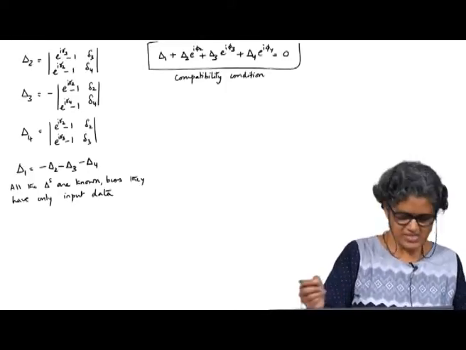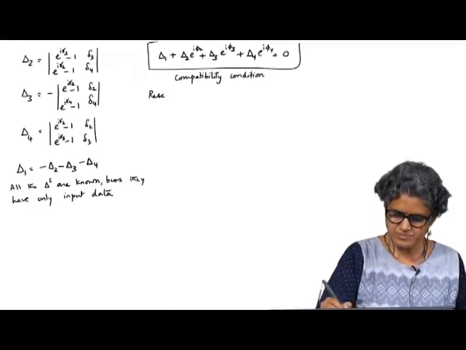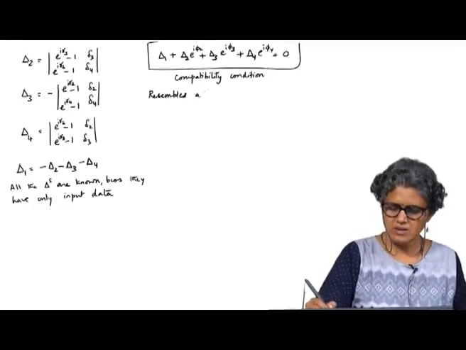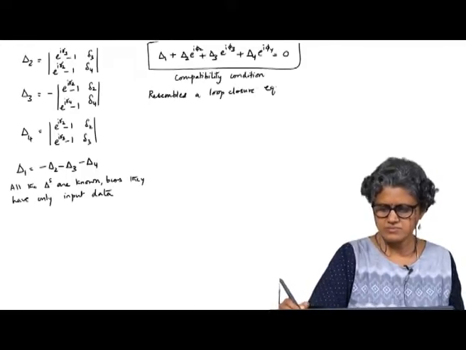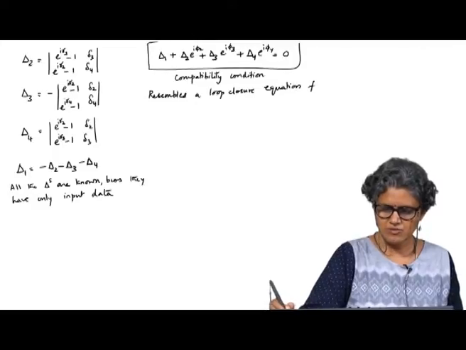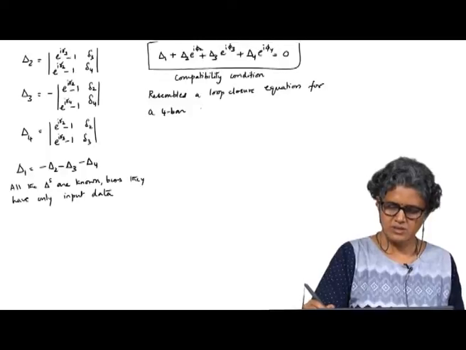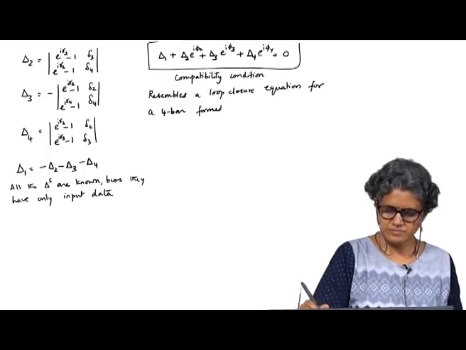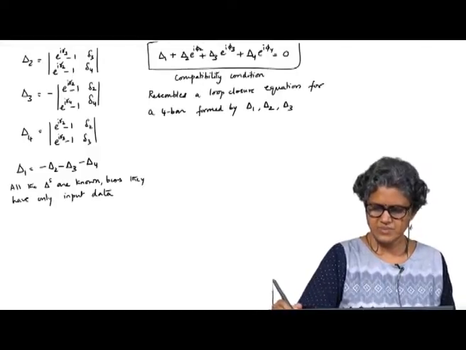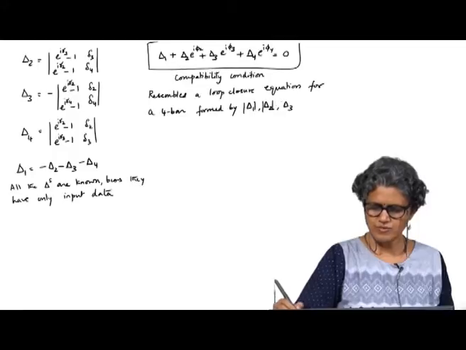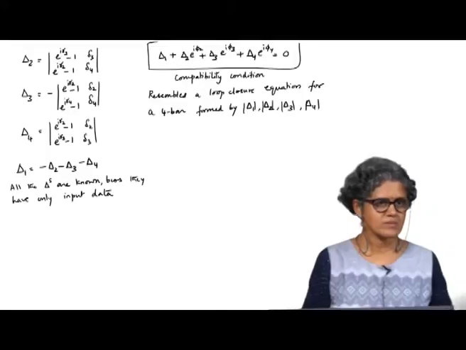Okay. So, this resembles a loop closure equation for a 4 bar formed by delta 1, delta 2, if I take those as the link lengths, right.